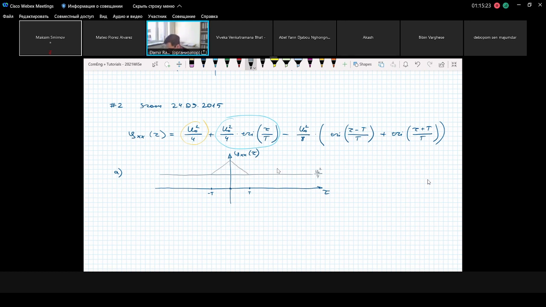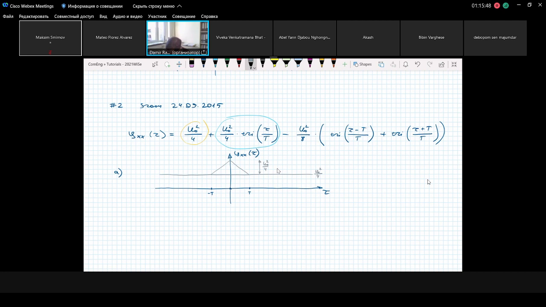On top of the DC component we have this triangular with additional amplitude u0 squared over 4. Then we go to the points minus T and capital T, because at these points we have two triangulars, both with negative amplitude.